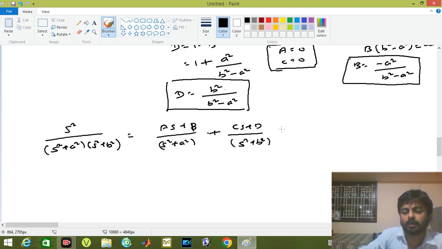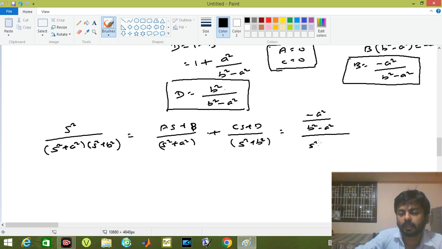You can substitute the values here, which implies a equal to 0, c equal to 0. So b equal to minus a square divided by b square minus a square, divided by a square plus a square. Then cs will become 0. For d you are having b square divided by b square minus a square, divided by a square plus b square, which implies 1 by b square minus a square can be taken outside.